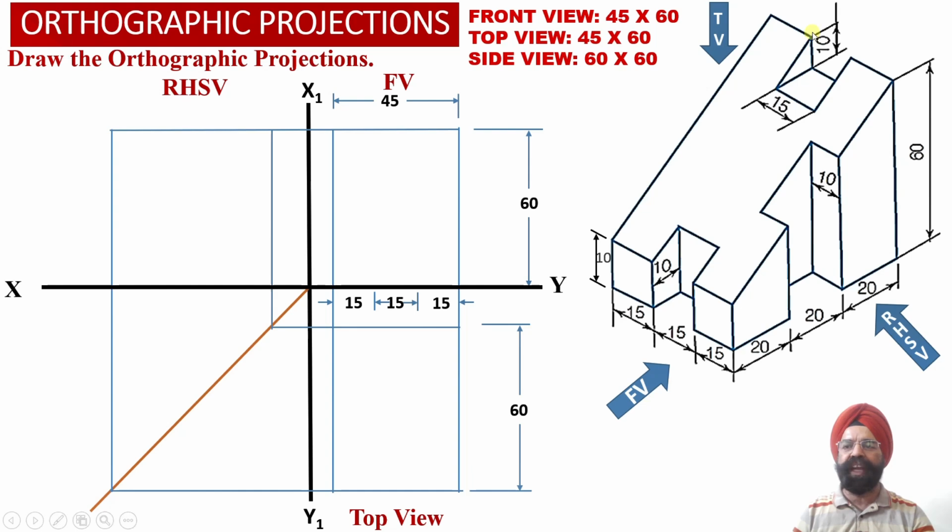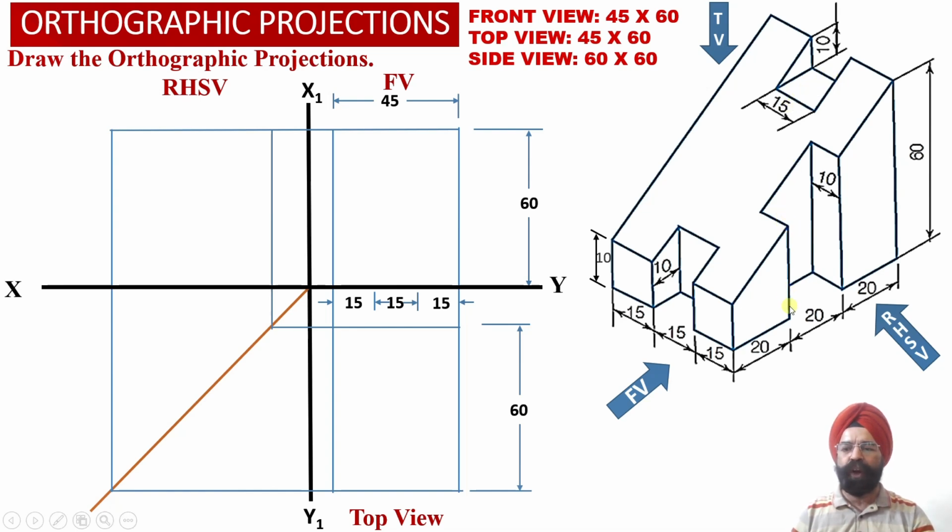So corresponding to this slot which is lying at the top surface of the solid, this height of the slot has been provided to us as 10 millimeter. Then this width of the slot has been provided to us as 15 millimeter. But this depth of the slot has not been provided to us, which is a missing dimension over here.